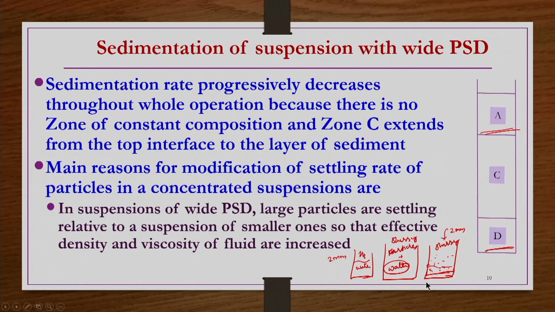Because in a concentrated suspension, fine particles are mixed with water, so density and viscosity are increasing. Because of the increased density and viscosity of the fluid, the settling velocity of the particle will be reduced, obviously smaller compared to the settling velocity of the same particle in a clear liquid.